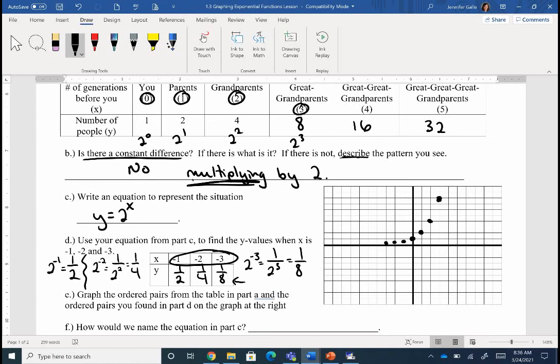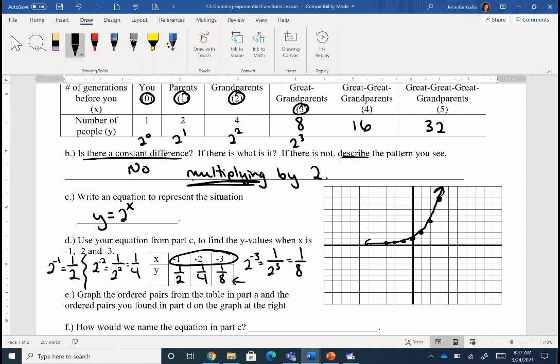There's nothing I can put in for my exponent that's going to make my output, that y value, negative. This graph isn't going to go negative. So when we draw this in, it's a nice curve. It's going to get close to the x-axis, which represents 0. And then it's just going to keep increasing up. So it's not going to drop down negative.